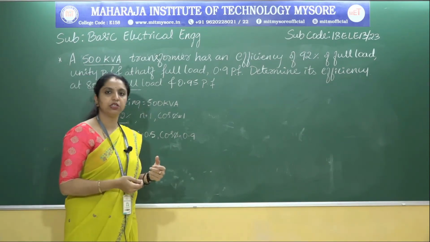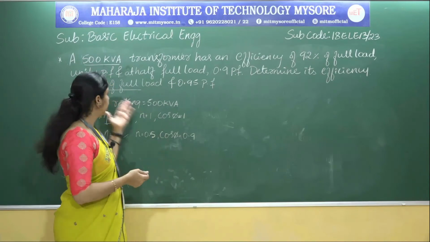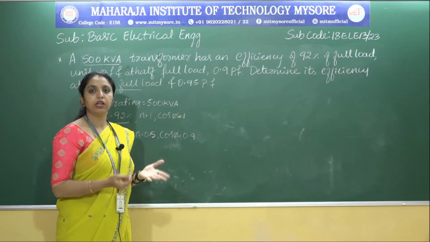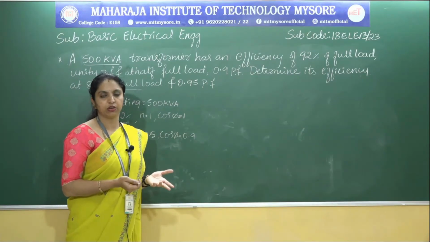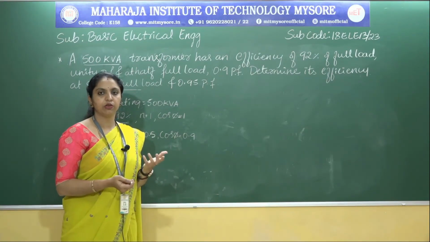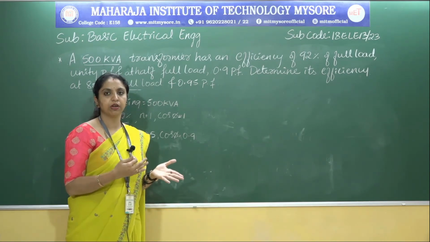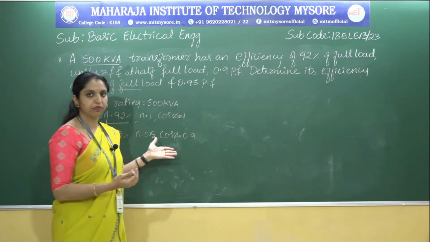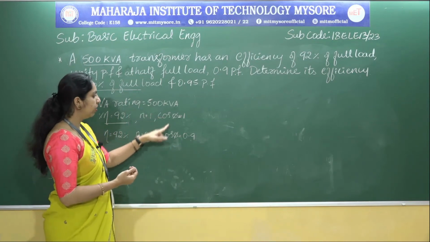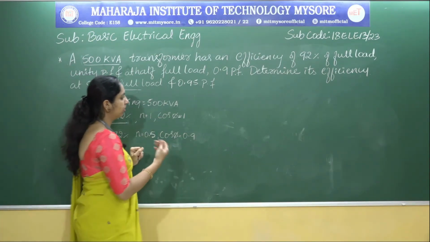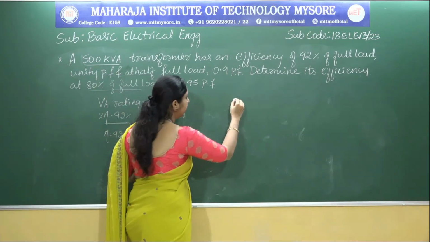To find the efficiency of a transformer at 80% of full load and for this particular power factor, we need to have the copper loss and iron loss. So we need the values of the copper loss and iron loss in terms of power, to find Pi and PCU. So how do we calculate? Write the equation.